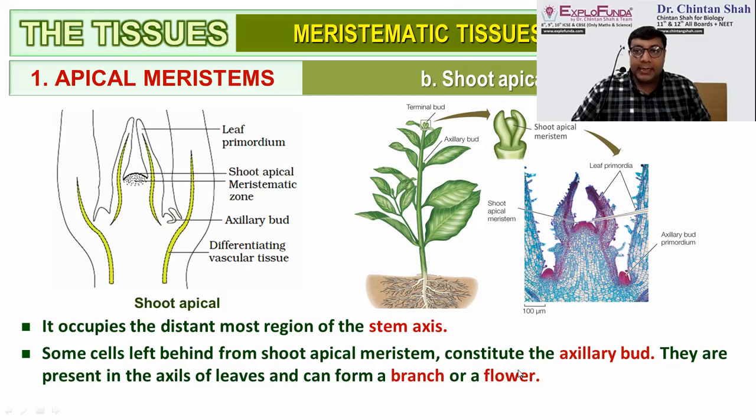So they can give rise to anything. Either they will give rise to a branch or a flower. Who? Axillary buds. Are you getting this? Okay.